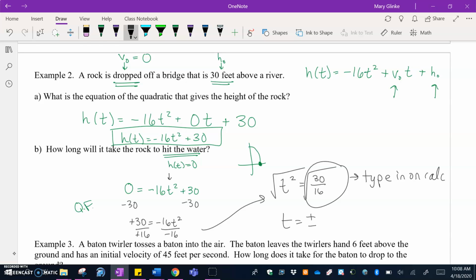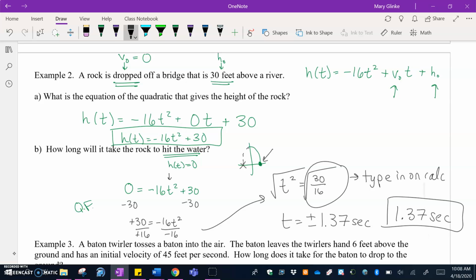I would get positive and negative 1.37 seconds. But the negative one doesn't really make sense in this situation, so I only want my positive answer, not the negative one on the other side of my x-axis, because I can't go back in time. So it's going to be 1.37 seconds for this one.